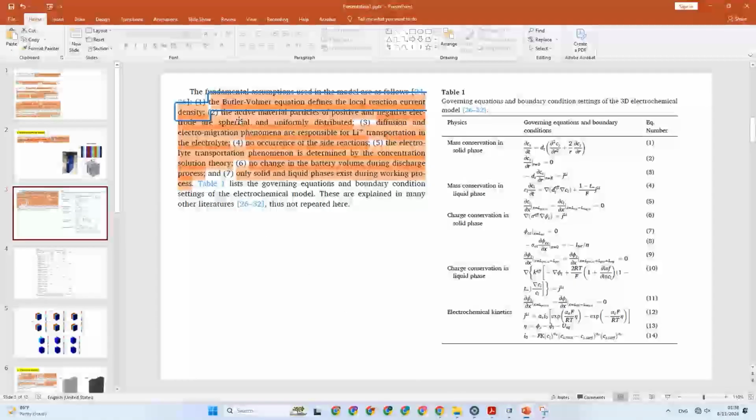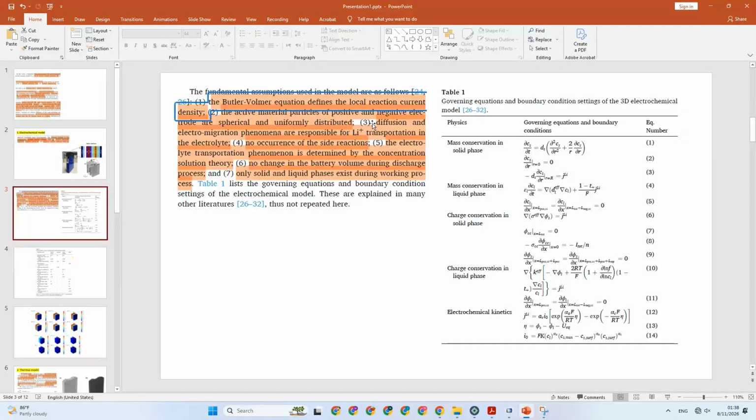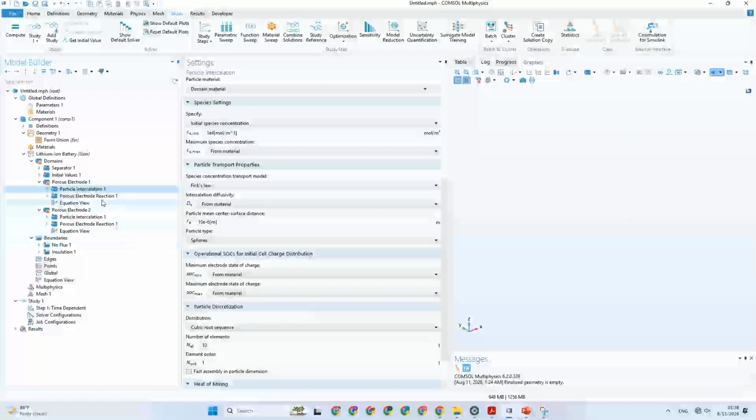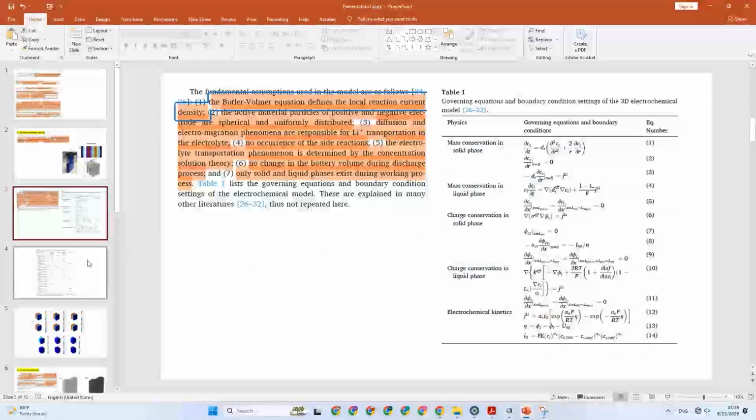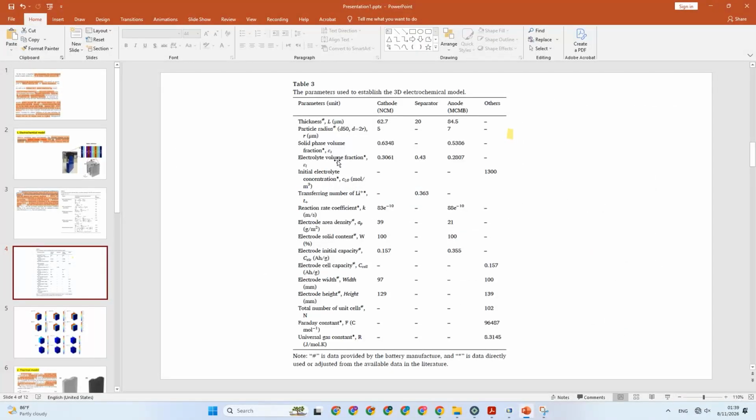The active material particles of positive and negative electrodes are spherical and uniformly distributed. Okay, this is a sphere type. And we have a table. Let me check the particle. The thickness is 62.7 micrometer.